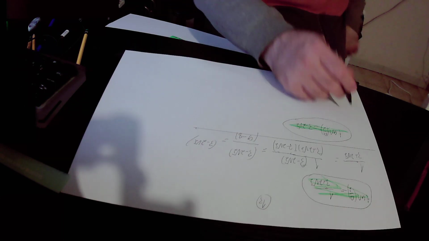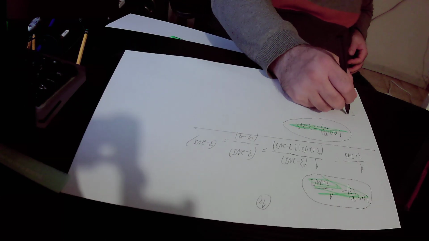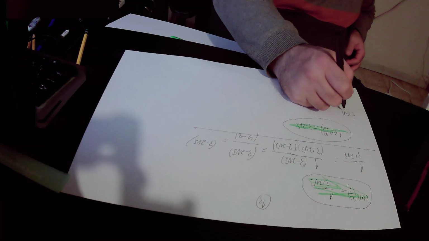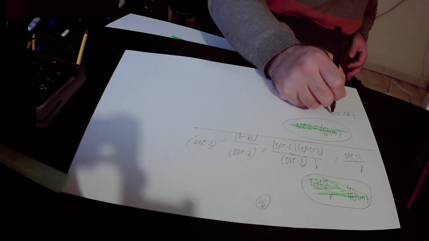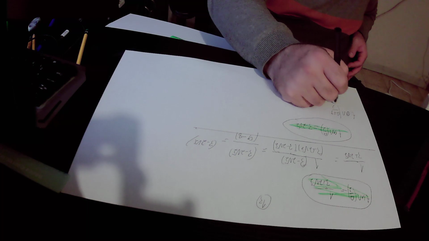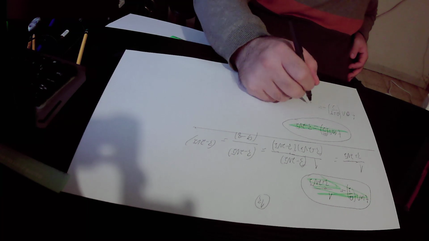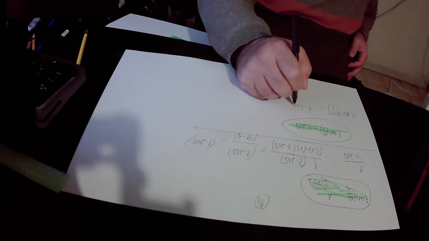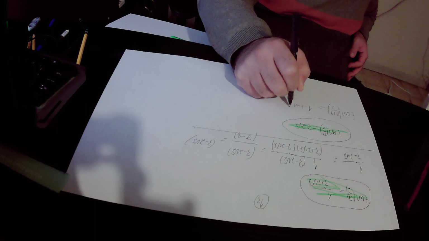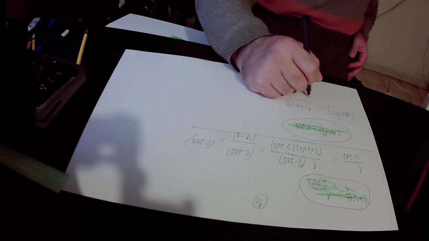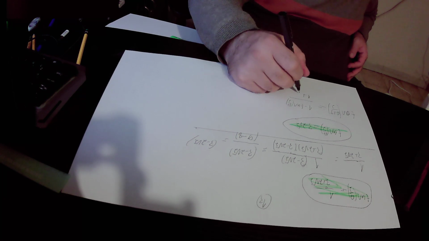We have already found out that tangent theta plus alpha over 2 is equal to 1 minus tangent theta over 2 over 1 plus tangent theta over 2.